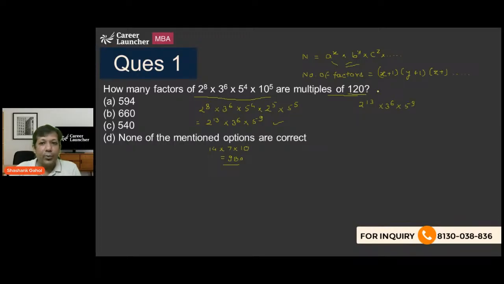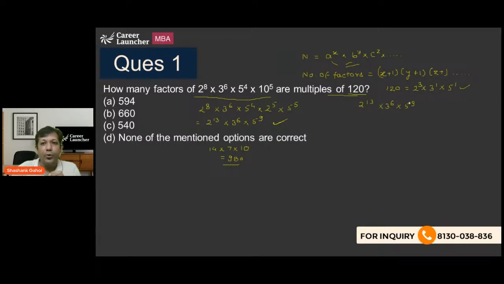Now, 120 can be written as 2 power 3 into 3 power 1 into 5 power 1. How many factors of this number are multiples of this number?